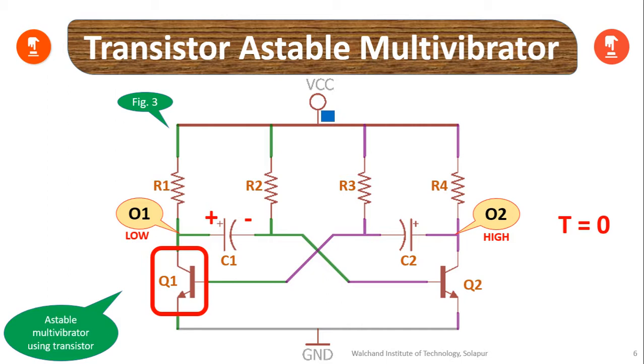This causes the current flowing through R4 to flow through capacitor C2 and charge capacitor C2 with its right plate positive and left plate negative. In the meanwhile, the current also flows through R2 to drain the charge that C1 is holding.